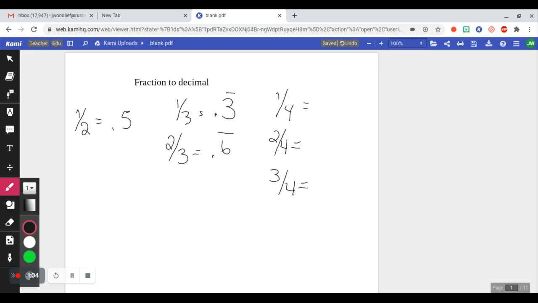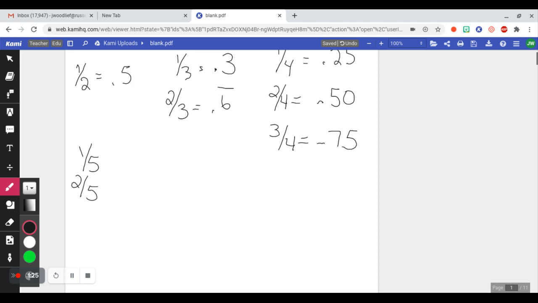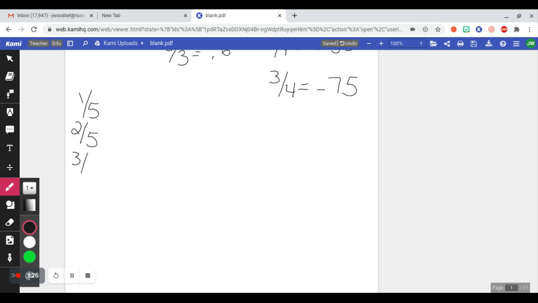Now, a good way to remember this is to think of money. 1/4 is valued at 0.25. Two of those quarters are 50 cents, and 3/4 is 75. Okay. Then we get into the fifths: 1/5, 2/5, 3/5, and 4/5.